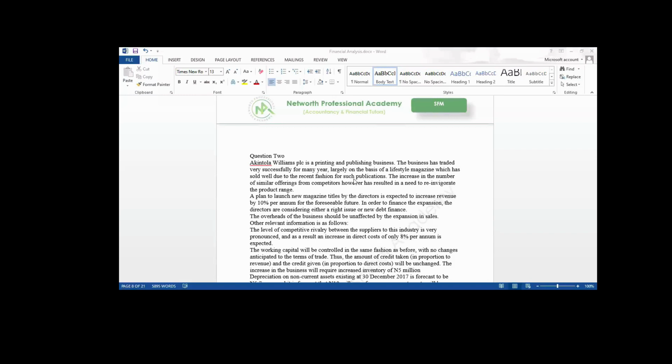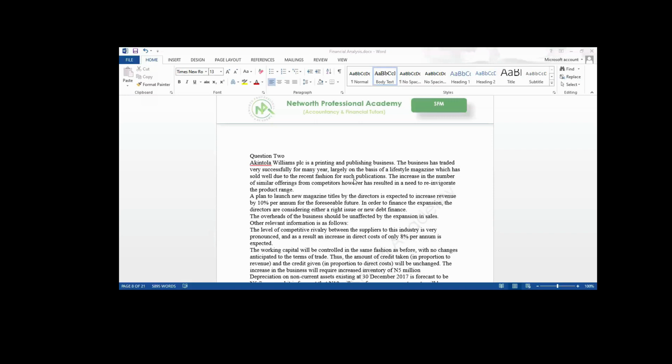Akintola Williams, PSC, is a printing and publishing business. The business has traded very successfully for many years, largely on the basis of a lifestyle magazine, which has sold well due to recent fashion for such publications.